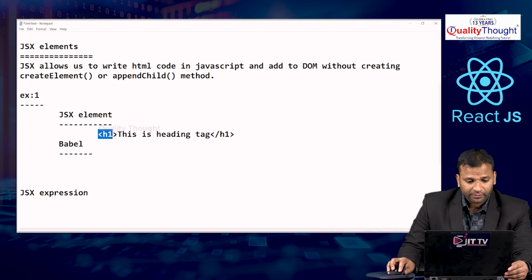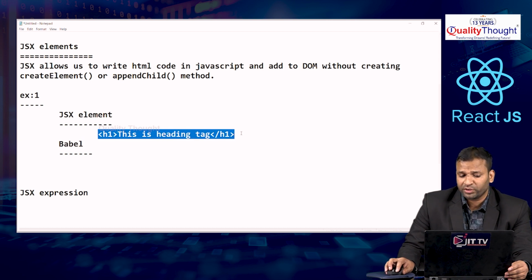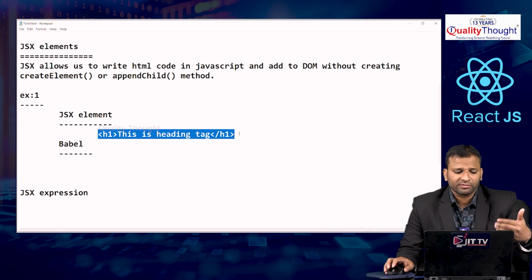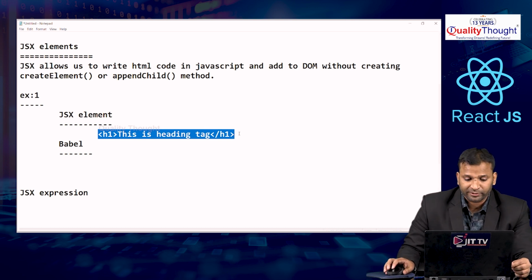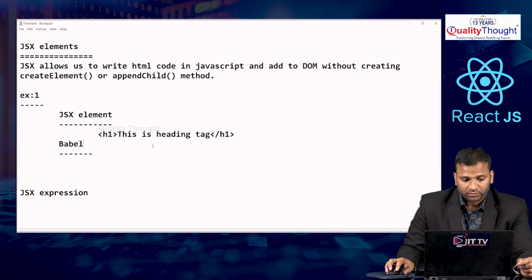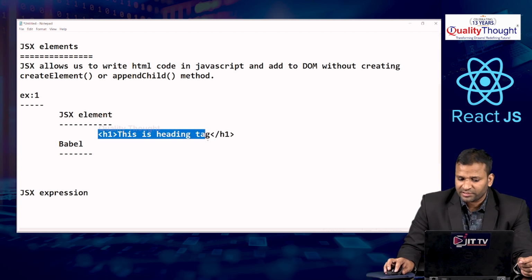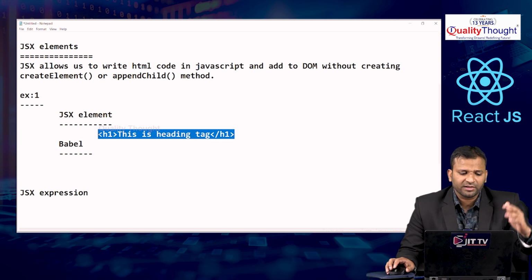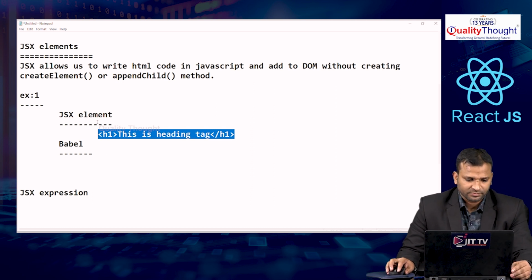Here we don't have any attribute, guys. In the second or third example, I will create an attribute. This is known as a JSX element, but if you see properly, it is looking like HTML only. Yes, if you write that HTML code inside a JavaScript file, then it becomes JSX.